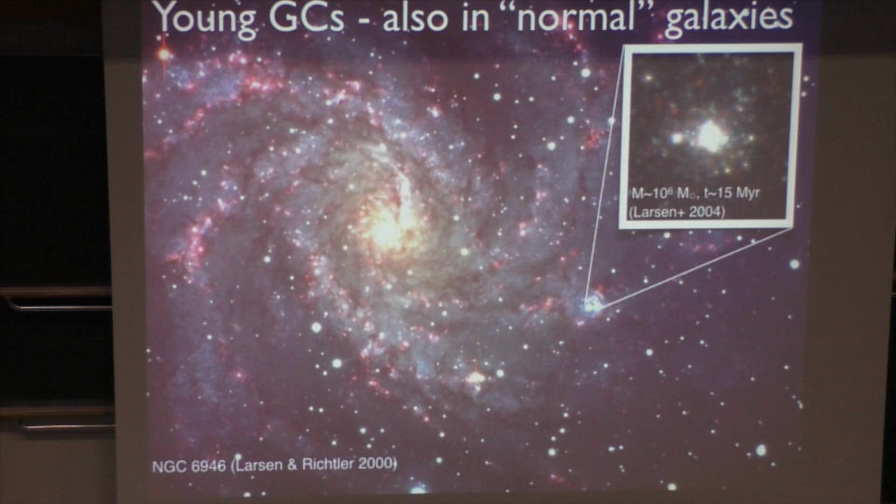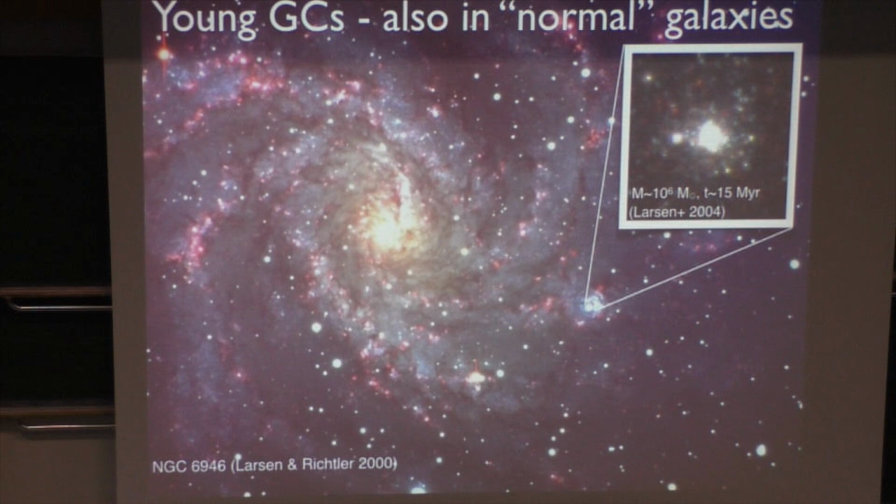And just to make the point that you see objects like that not just in merging galaxies, this is another example in a spiral galaxy, a relatively normal spiral galaxy, although one that has a relatively high star formation rate intensity. Over here in the star forming complex, you can zoom in, and with HST you see again this very massive star cluster with a mass of about 1 million solar masses.